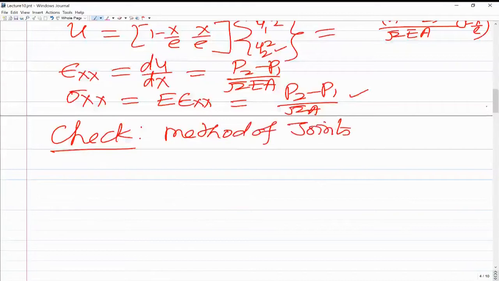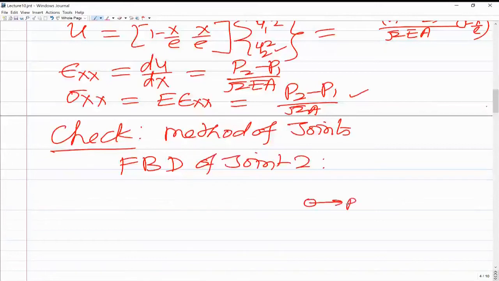Method of joints means, let me draw the free body diagram, FBD, of joint 2. If you look at joint 2, there is an external force, P1 and P2, at the point where the forces are applied, and also these two members, element number 1 and 2, are going to exert force.